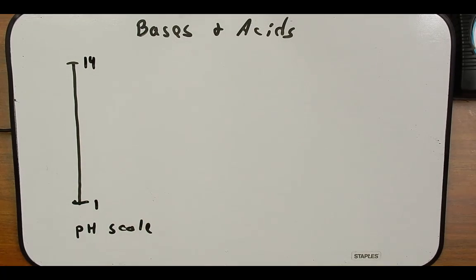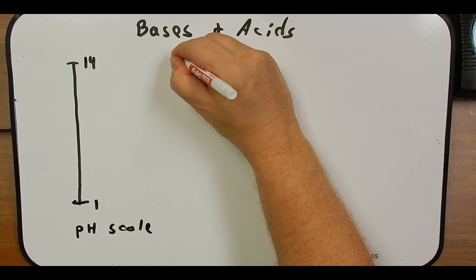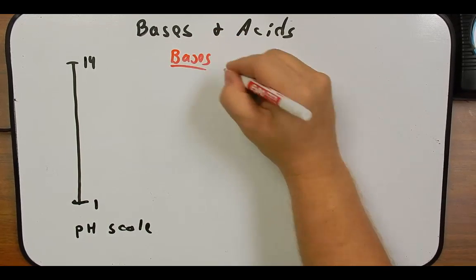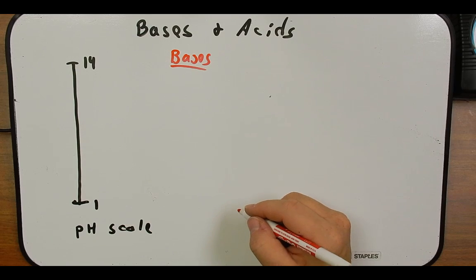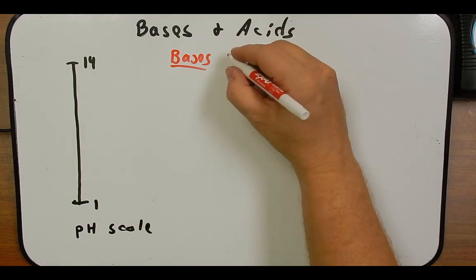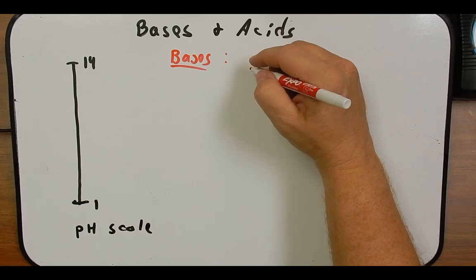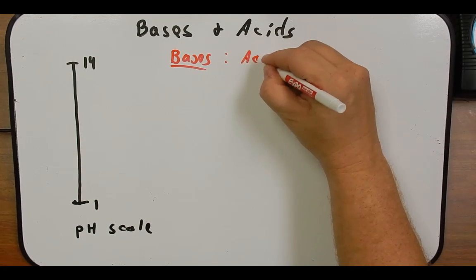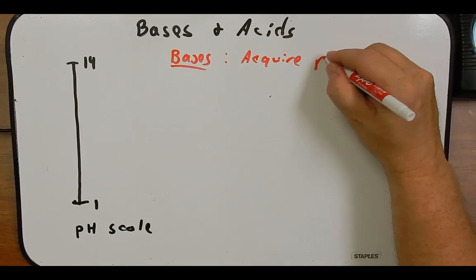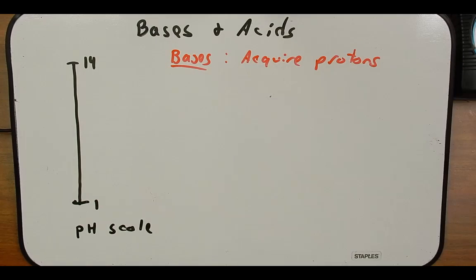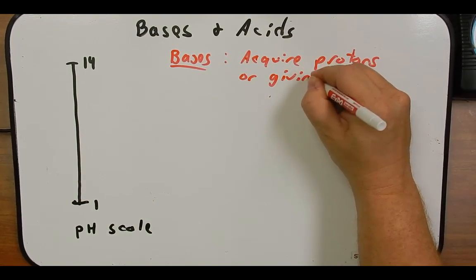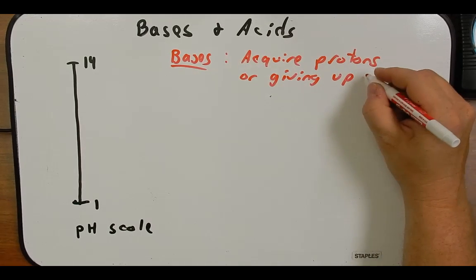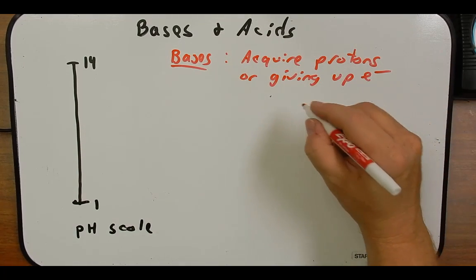Near the top represents bases. So something with a high pH is going to be a base. As a definition, bases acquire protons, or you can think of them as giving up electrons during a reaction.